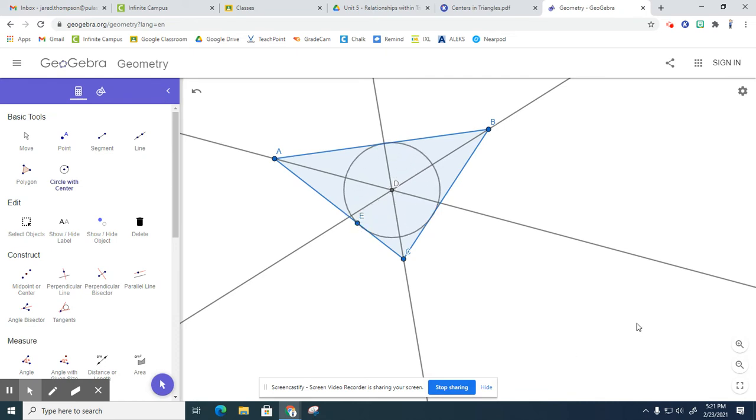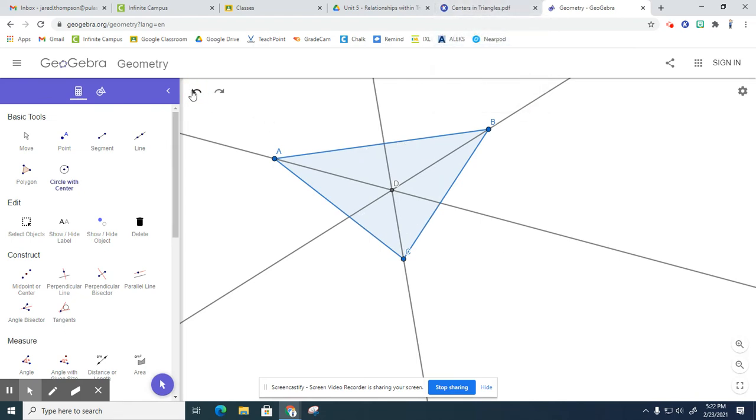There we go. That's a little bit better. So you see how the circle is inside the triangle now. This is called we've inscribed the circle. The circle is inscribed within the triangle. It's inside.